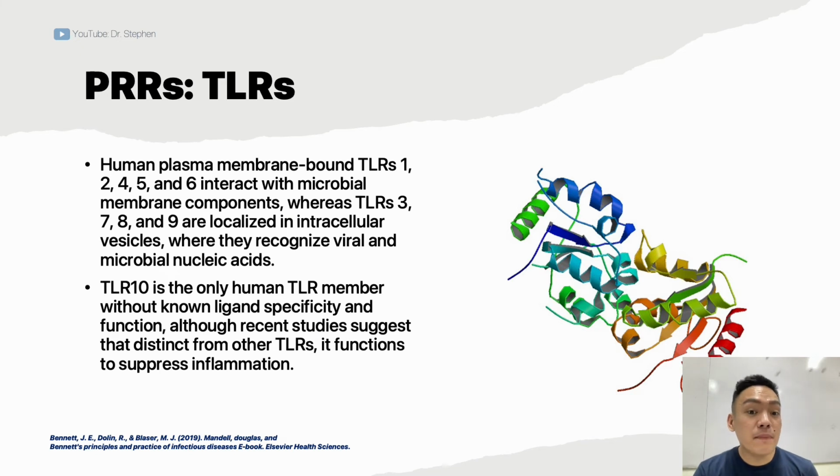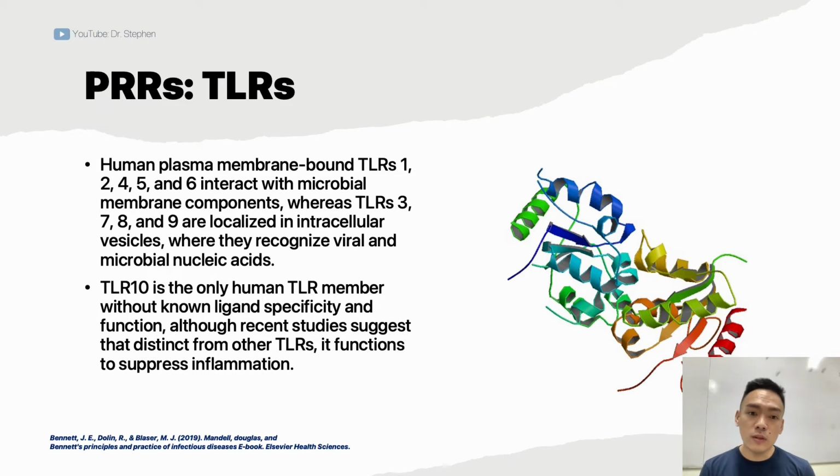Human plasma membrane-bound TLRs 1, 2, 4, 5, and 6 interact with microbial membrane components, whereas TLRs 3, 7, 8, and 9 are localized in intracellular vesicles where they recognize viral and microbial nucleic acids.